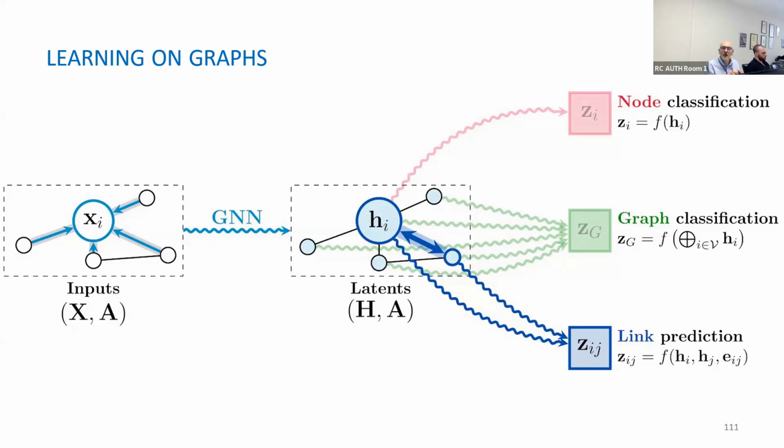I don't know, for a graph that represents movement in a specific environment, the graph has nodes, and we want to move from one node to another, we can also try to predict the link between one node and the other. So we can try to learn different things on the graph. This is more or less the message here.